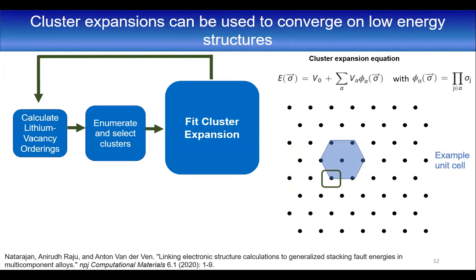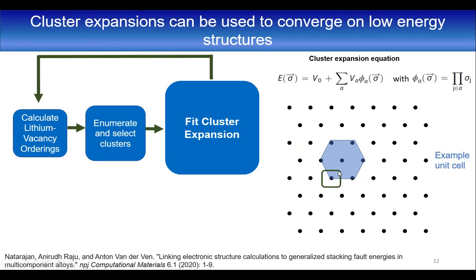So the main steps that you'd go through is figuring out all of the symmetrically unique clusters up to some certain cutoff. If you were to try to enumerate all clusters in the system, you would go off to infinity because there are infinitely many clusters. This is a periodic system that goes on forever.